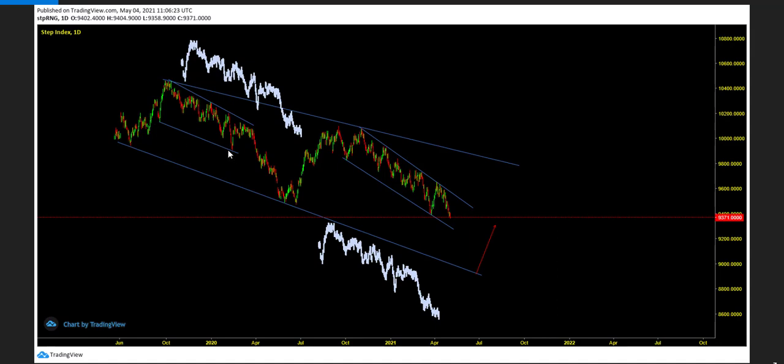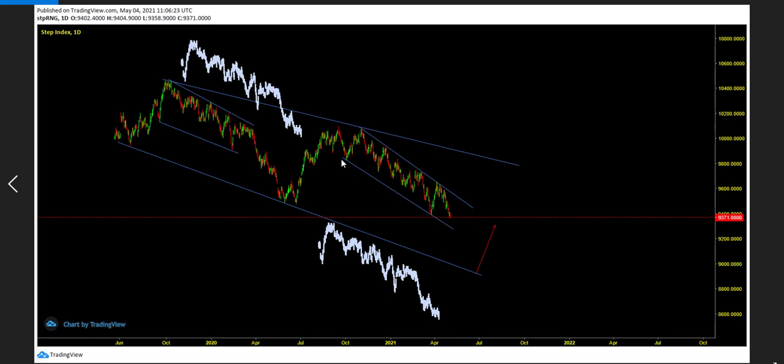So based on technical analysis, it's reasonable and most probable to expect step index to do the same movement that it did here, to come down to these areas where we then expect a reversal.